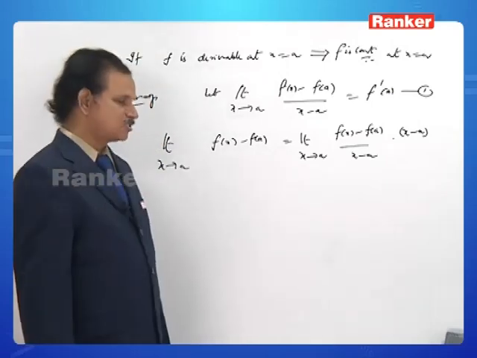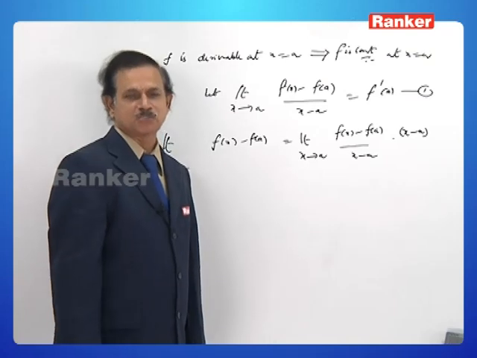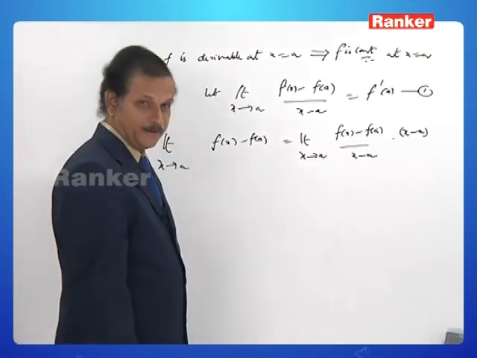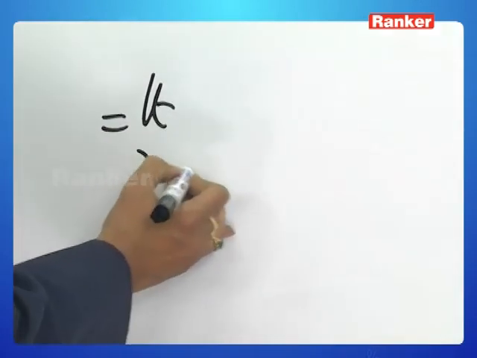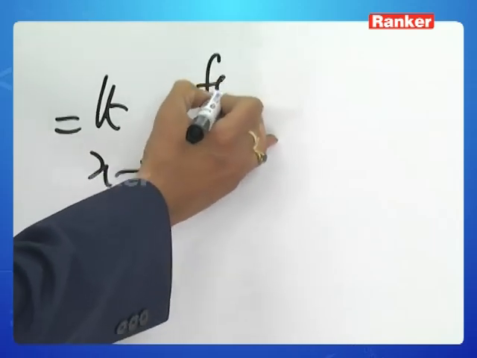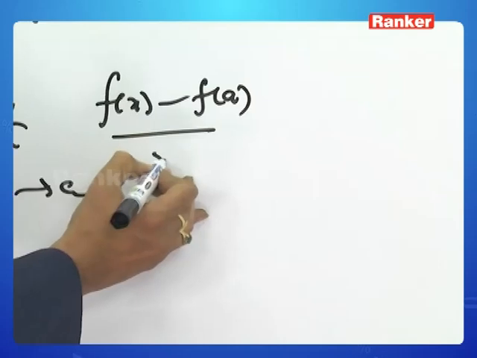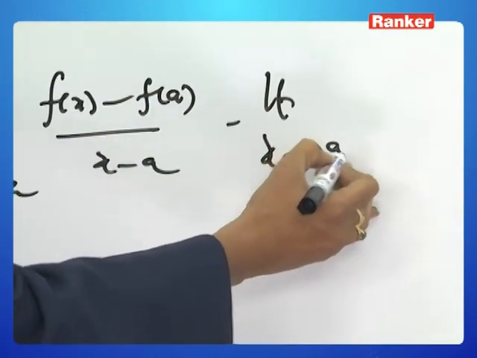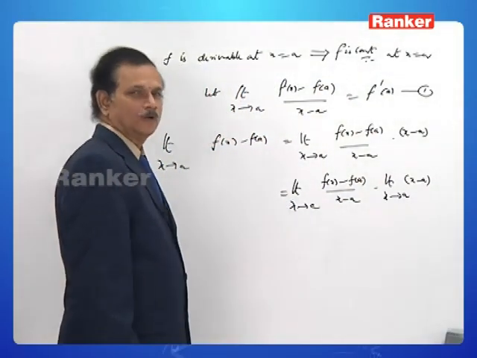I think you have seen what I have done. I have just multiplied and divided by x minus a. Now this is equal to the limit as x tends to a of (f(x) minus f(a)) by (x minus a) into the limit of (x minus a).